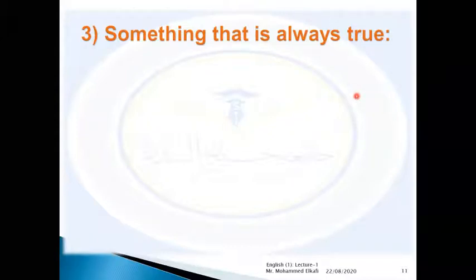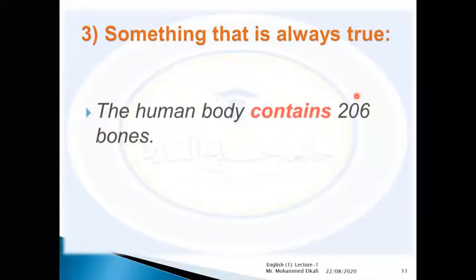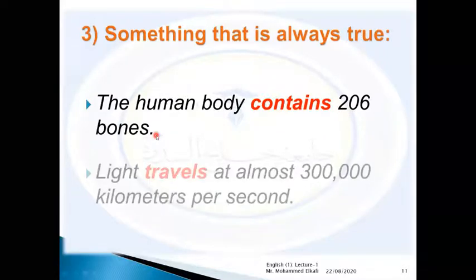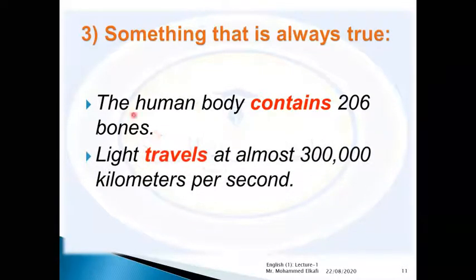For example, the number of bones in the human body: "The human body contains 206 bones." So here we have something which is true. We think of "contains": the human body is singular, it contains, so we add s to contain.